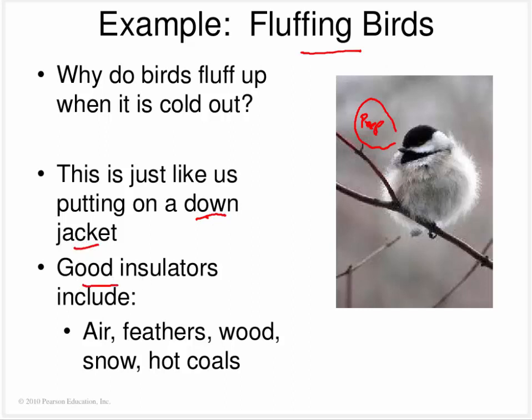It turns out that they're really good insulators, and what the bird is actually doing is putting a whole bunch of air around it. And air is a really good insulator, and it's going to essentially reduce the conductive losses for this bird. So good insulators: air, feathers, wood, snow, believe it or not, and hot coals.